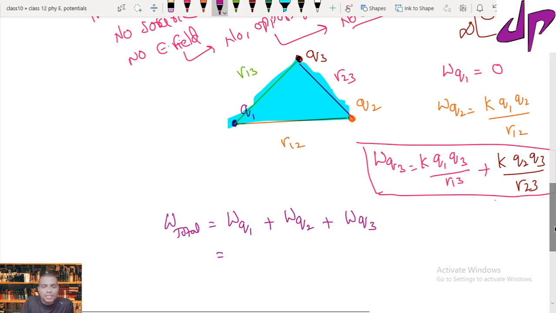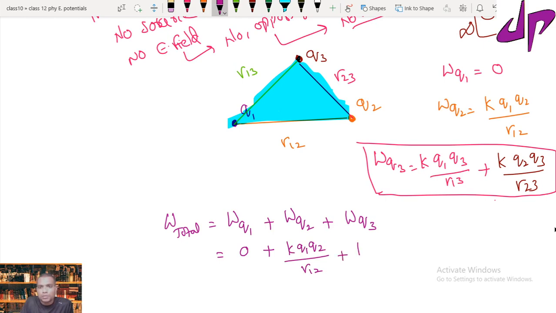Work is a scalar, so we can sum up. The charge q1 contributes 0 work because it is the first charge. The second contributes K q1 q2 by r12, and the third contributes two terms, K times q1 q3 upon r13 plus K times q2 q3 upon r23.